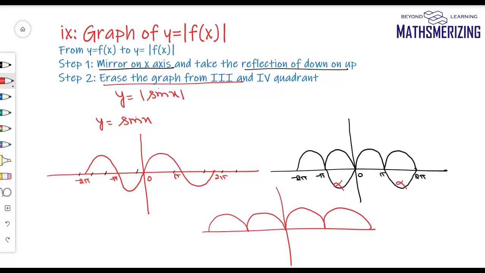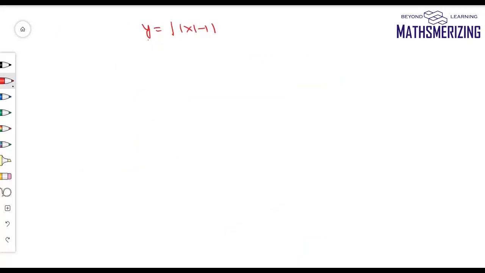I'll take another example. I need to draw the graph of y equals mod of mod x minus 1. Now there are two ways to draw this graph. The first way is I can draw the graph of mod x, and then from mod x I can draw the graph of y minus 1 equals mod x, and then I can draw the graph of mod of mod x minus 1.